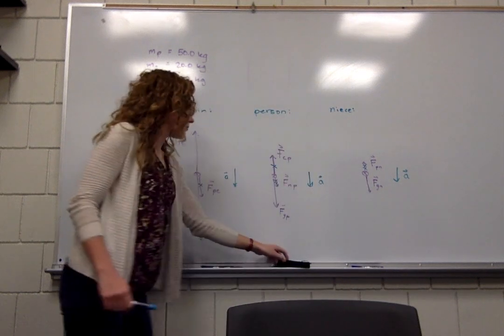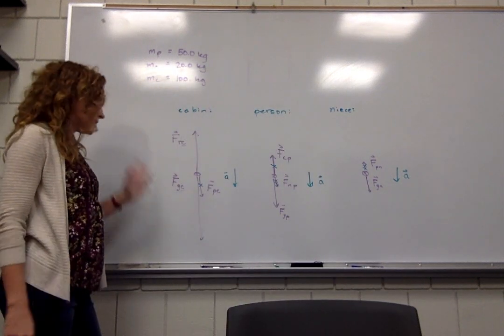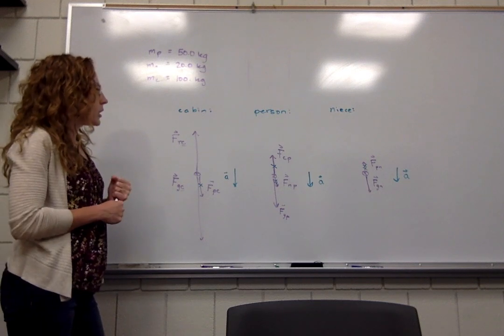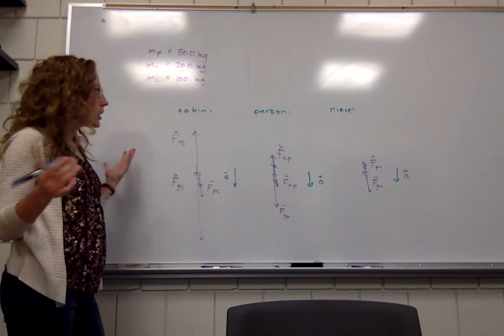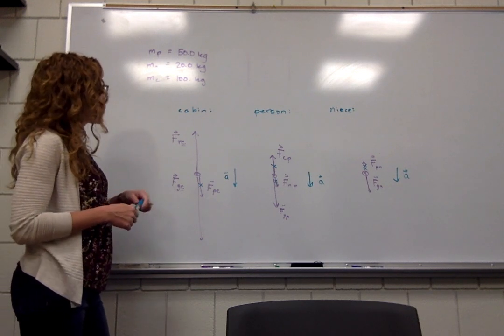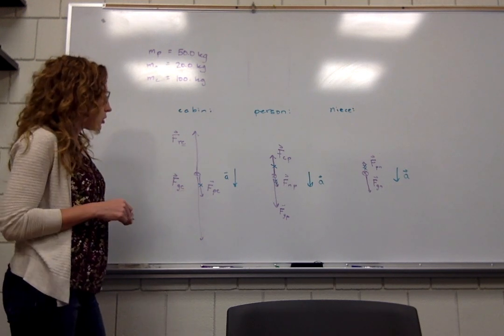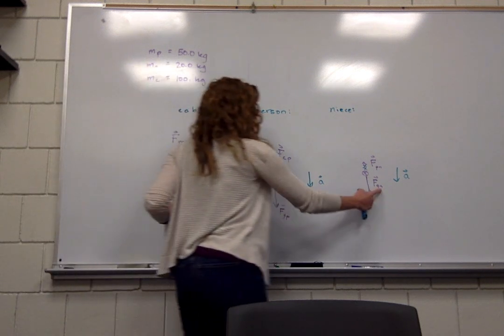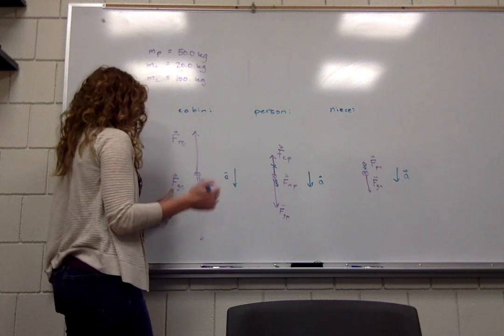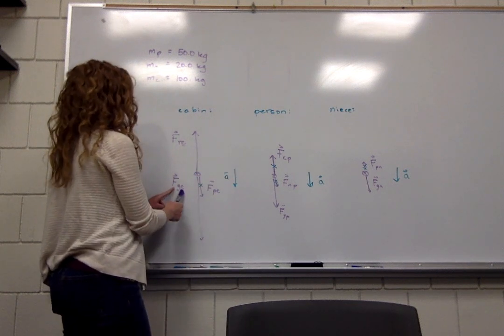I personally like to start by writing out the gravitational forces for everything that I know, because gravitational forces are just m times g. So we can figure out these three gravitational forces pretty easily. What's this one going to be? FGC.